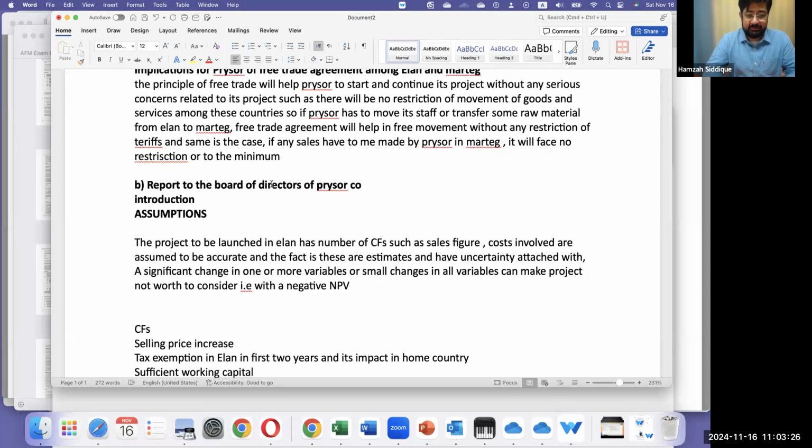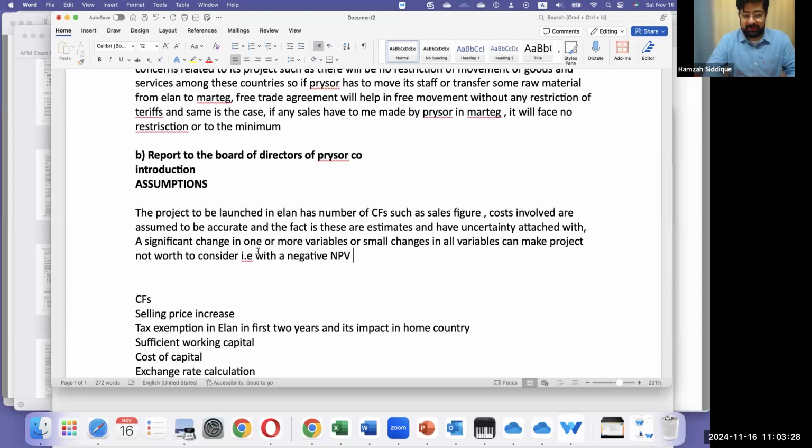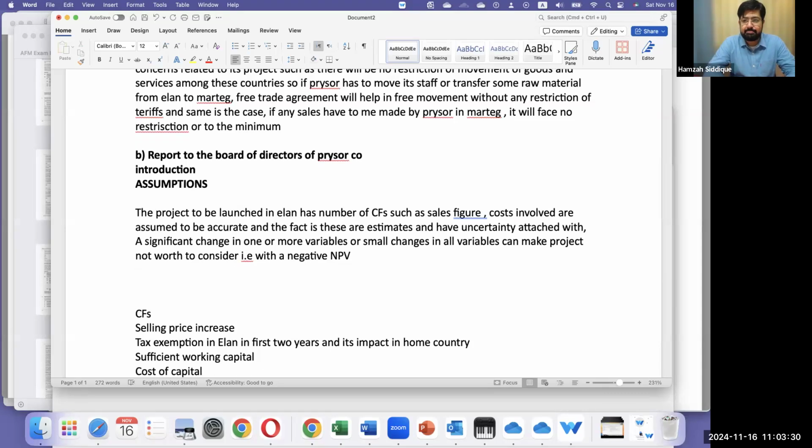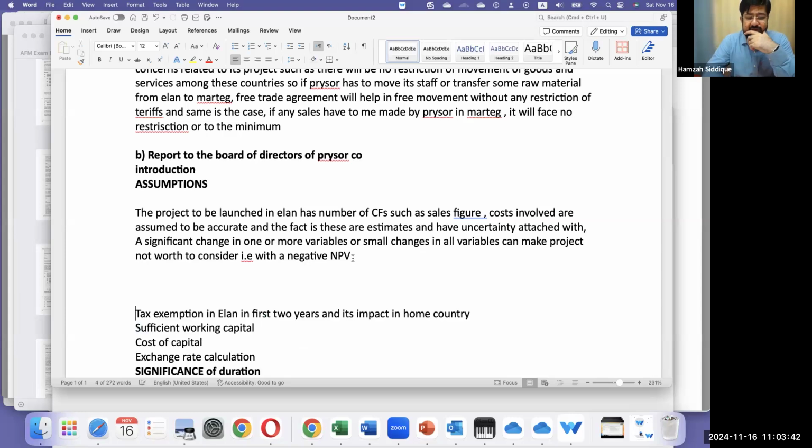Next. Second point. Selling price increase is also incorporated in it. That is increasing 5%. Second point is tax exemption.